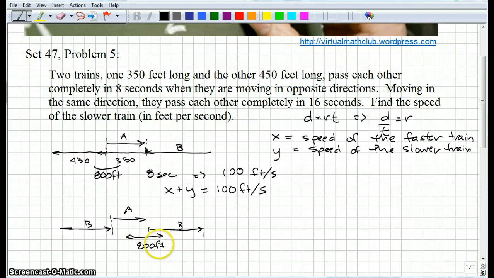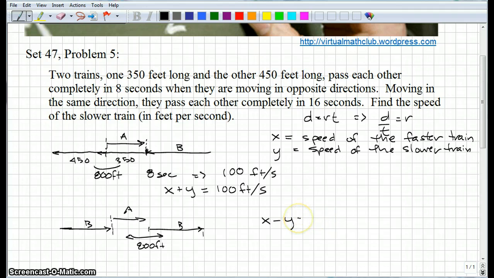Okay, the speed relative to the Earth is faster than the speed relative to train A. So when the trains are traveling in the same direction, we need to look at the difference of the speeds because that's going to tell you how fast this train is traveling with respect to train A. That's sort of their relative speeds.